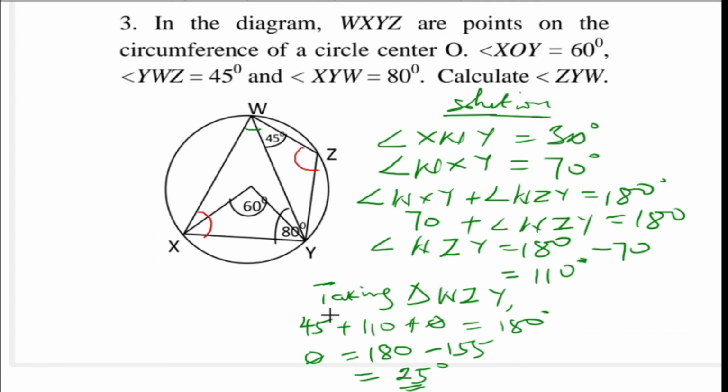Taking triangle WZY, when we add this angle and this angle, it should give us 180 degrees, because that's the sum of interior angles of a triangle.